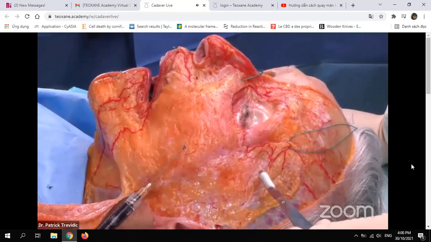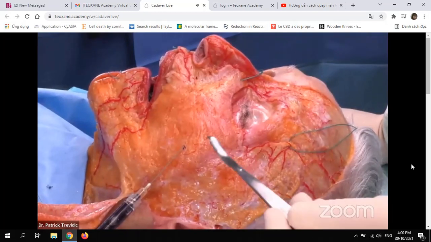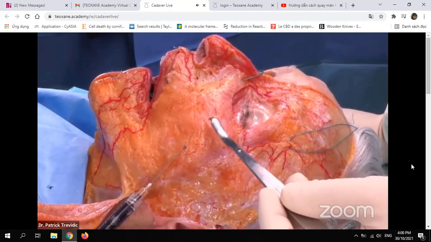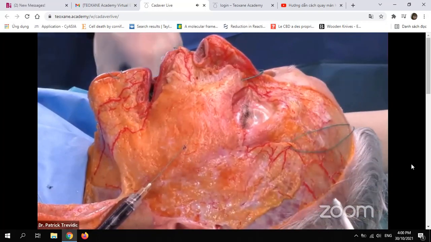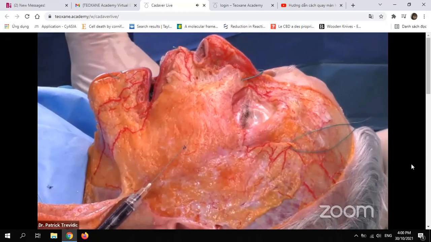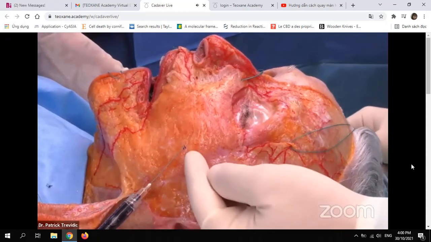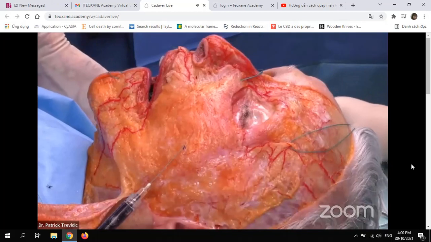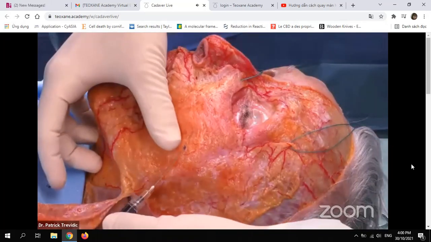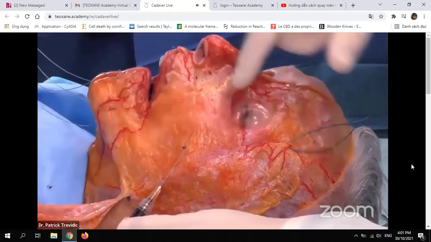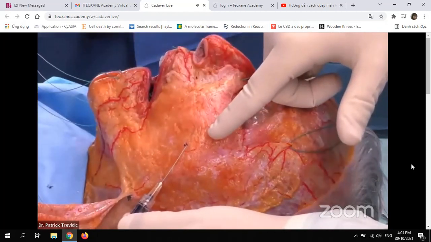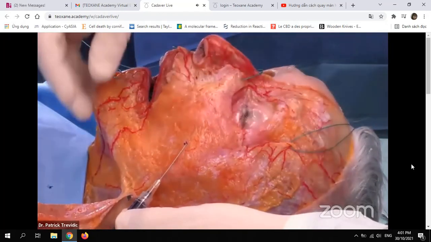So first, I will show you the multi-layering technique in the mid-face, and just for cadaver reasons, I will just inject first with my entrance point, like Nabila, in the superficial layers. So I pull on the skin, and I will be in the superficial fat where you see there is not a lot of vessels.